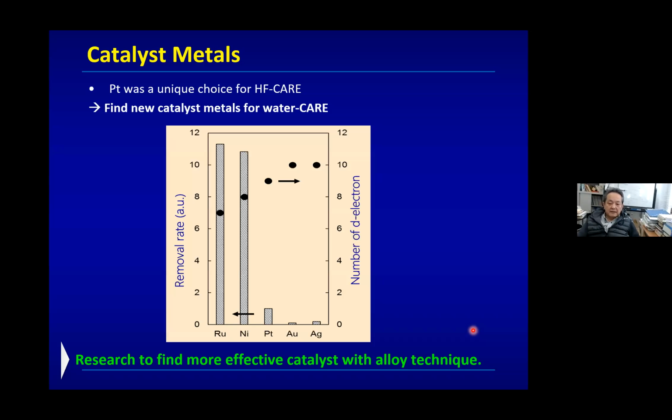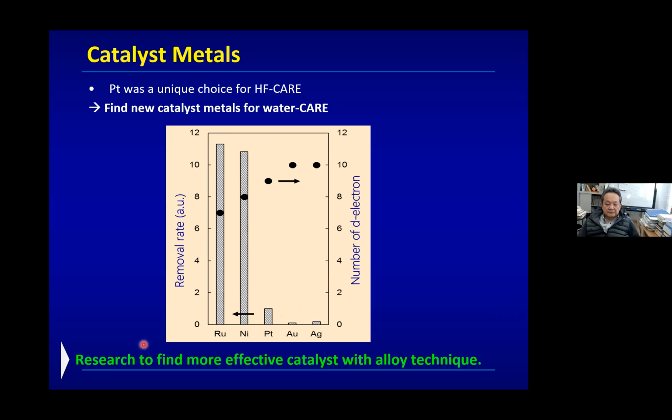In the CARE process, the catalyst is very important. In the HF CARE process, platinum was the only catalyst that could be used inside a very corrosive HF solution. But now, in the water CARE situation, we can use many kinds of metals as a catalyst. The removal rate strongly depends on the metal element.